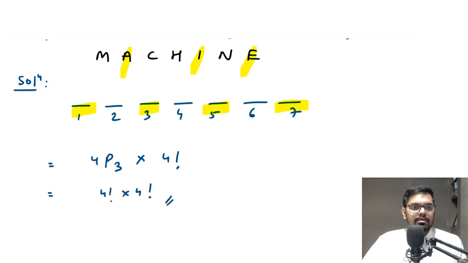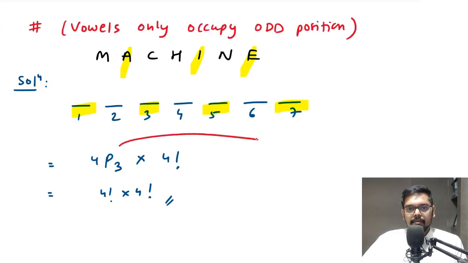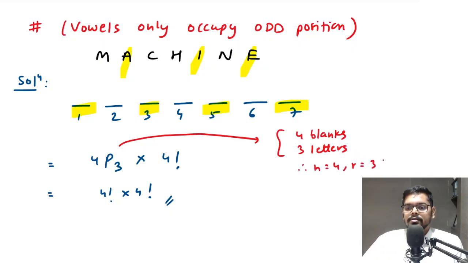Let me write it here just for clarity, why it is 4P3. It is 4P3 because 4 blanks and 3 letters. So N is 4, R is 3, and because it is arrangement, therefore nPr.